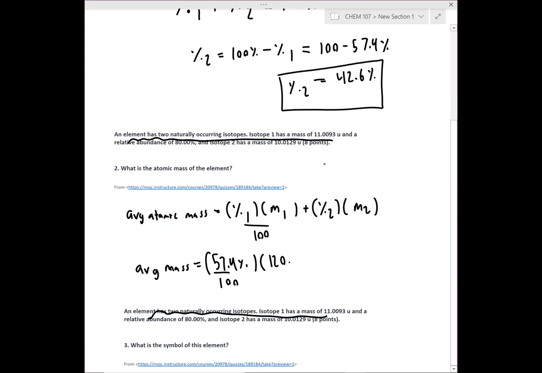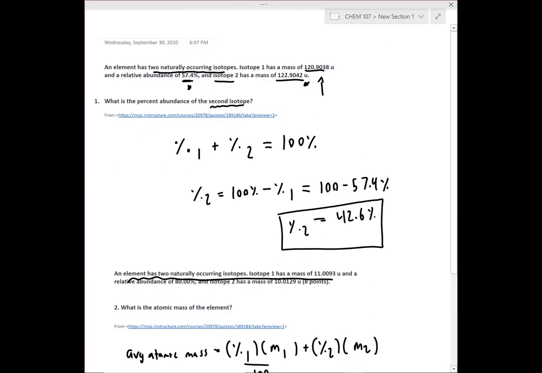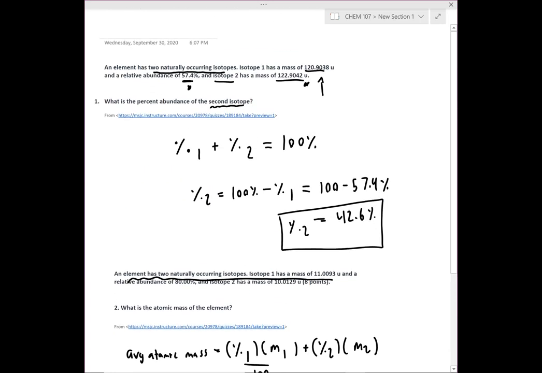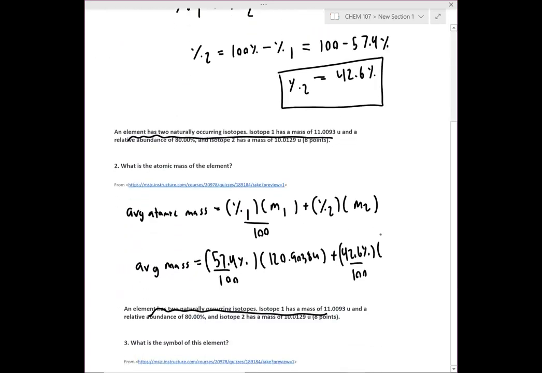So we have 120.9038 plus the percent abundance of isotope 2 over 100 times the mass of isotope 2, which is 122.9042. So then, let's punch that into our calculator really quickly.